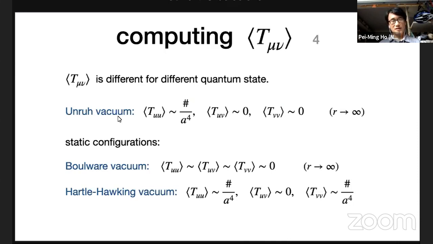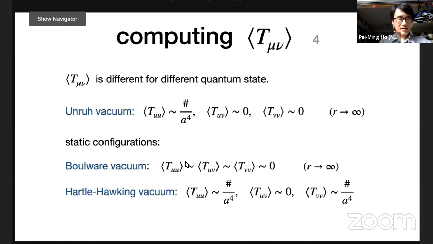So we start with the Minkowski vacuum and wait for the collapse. And then the Minkowski vacuum would turn into the quantum state at the time of black hole formation. So that is the quantum state we refer to as the Unruh vacuum. It is also the quantum state for freely falling observers to feel nothing around the horizon.